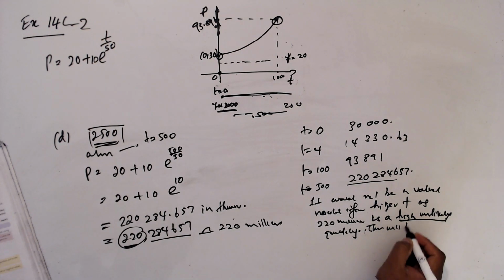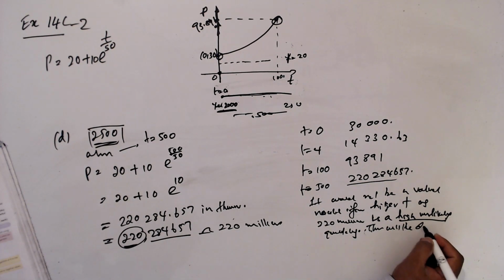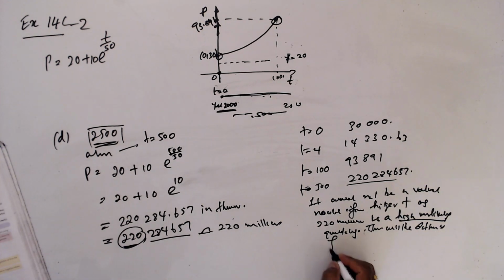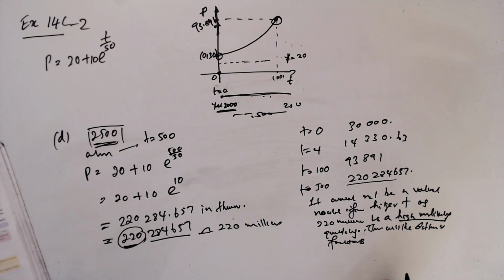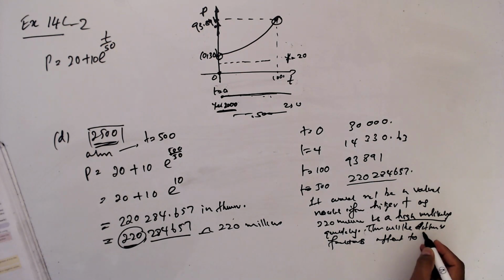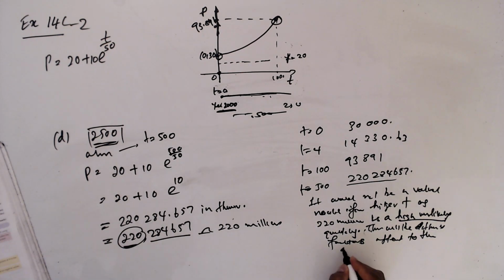There will be different factors. Who knows what will happen after 500 years? Different types of viruses, bacteria, natural disasters reduce the population. So there will be different factors that affect the growth of population.